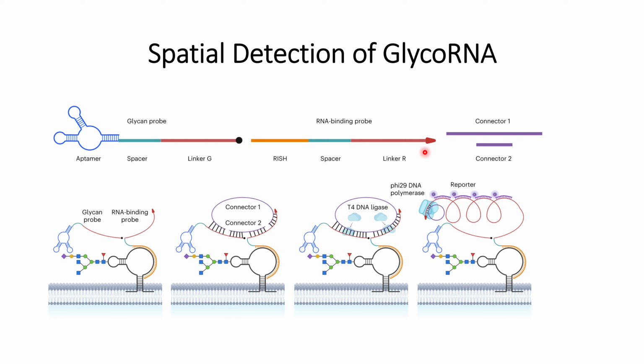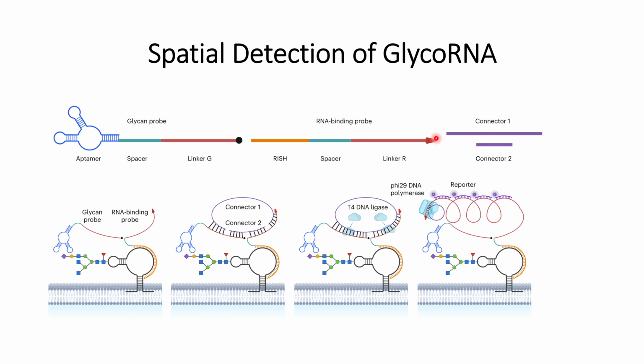This is the overview of that strategy, in which they have this aptamer. The aptamer can be specific to the glycan structures, that is, it can be specific either to the sialic acid or any other monosaccharides. Apart from this there are two different probes. The first one is the glycan probe and the next one is this RNA binding probe, and both of them are connected using this connector.